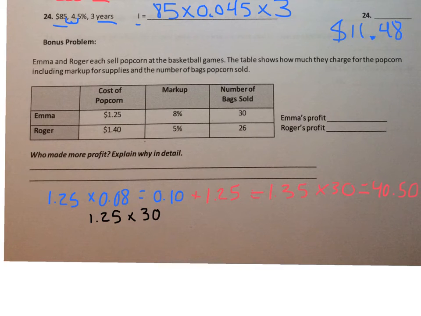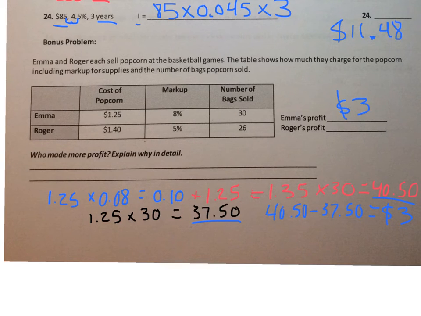This is how much it cost her, $37.50. So in order to find her profit, we're going to subtract the amount she made with the amount she had to pay. So $40.50 minus $37.50. And when we do that, it tells us how much profit Emma made, which is only $3.